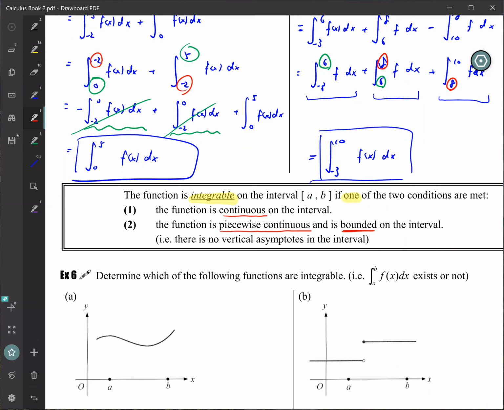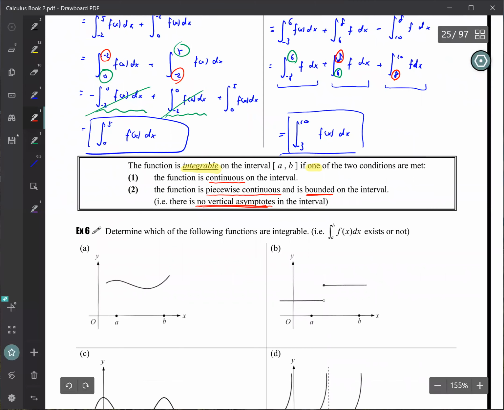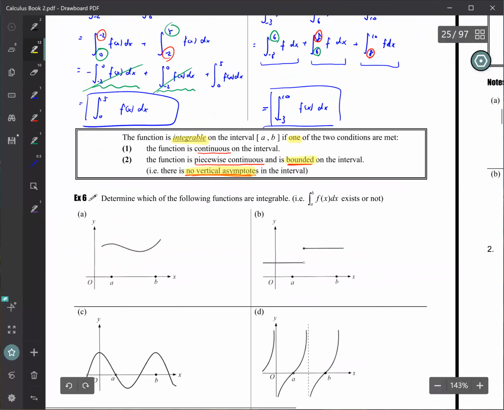If there is no vertical asymptote, because vertical asymptote means the function will go up or go down forever, right? So that's not bounded. If there's no vertical asymptote, then it is bounded. So bounded means no vertical asymptotes.